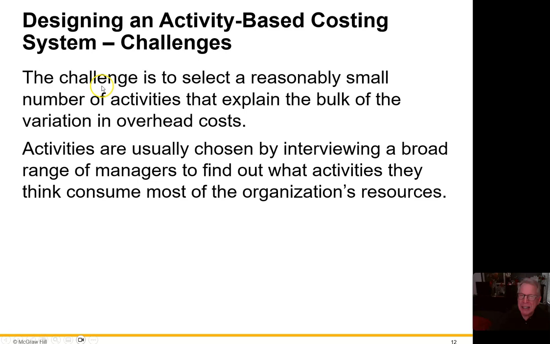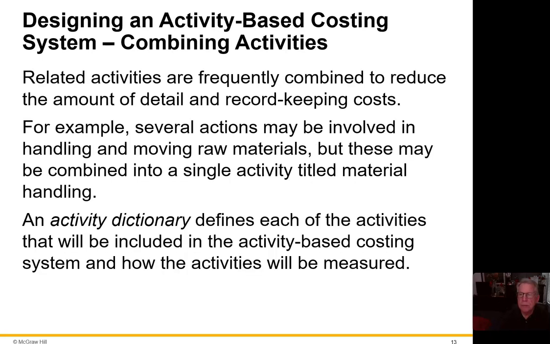So the challenge then is to select a reasonably small number of activities that explain the bulk of the variation in overhead costs. Activities are usually chosen by interviewing a broad range of managers to find out what activities they think consume most of the organization's resources. So, if we look at related activities, they're frequently combined to reduce the amount of detail and record-keeping costs.